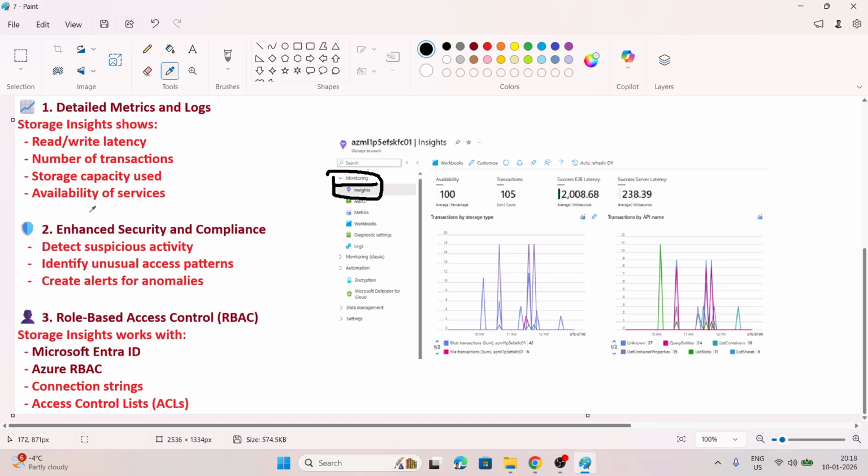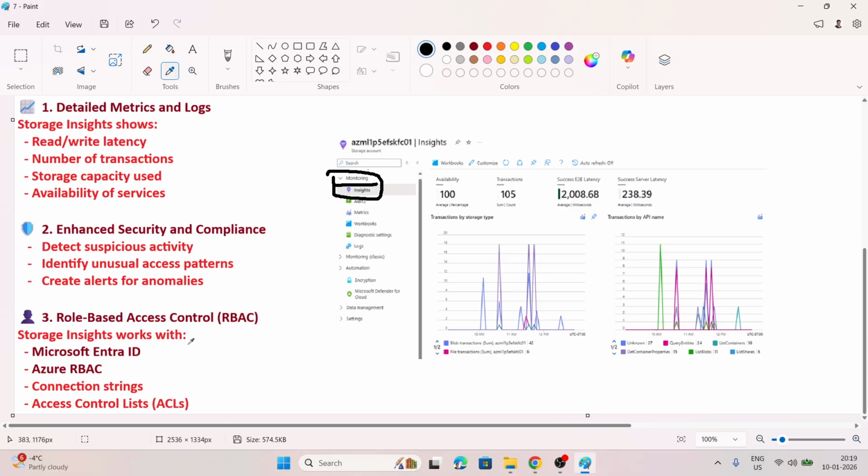These are the features we get in insights: enhanced security and compliance, detecting suspicious activity, identifying unusual access patterns, and creating alerts for anomalies. If someone we didn't allow tries to access the data, we can see the suspicious activity. Then RBAC, role based access control.